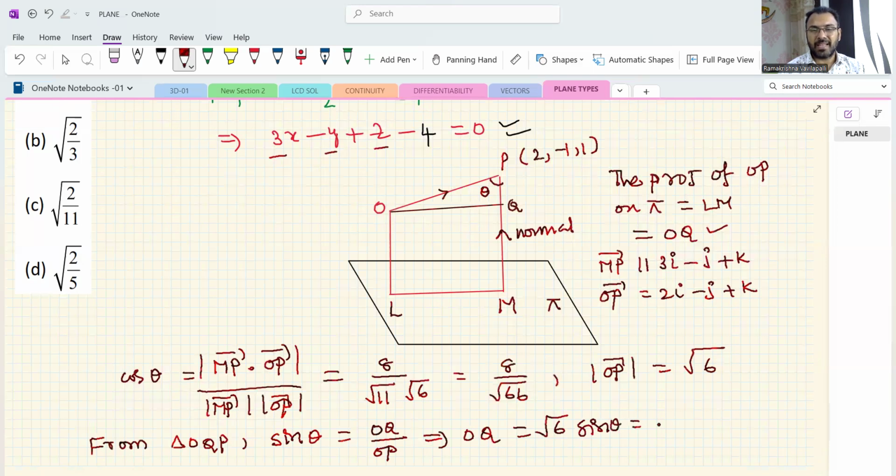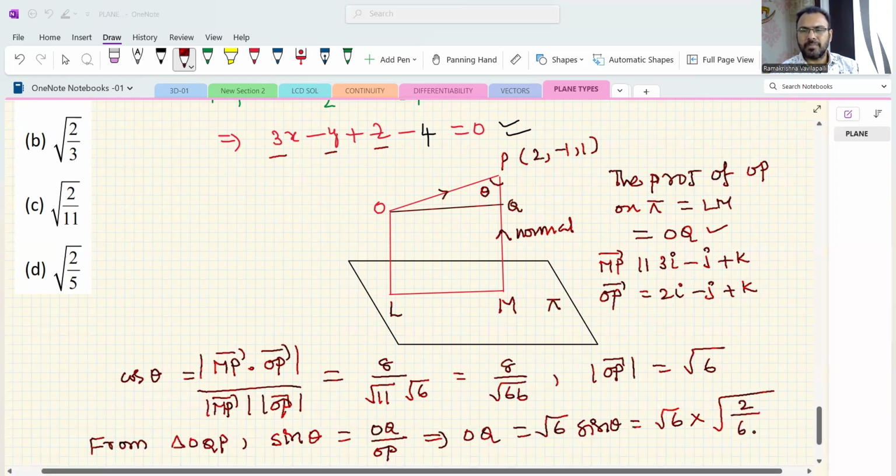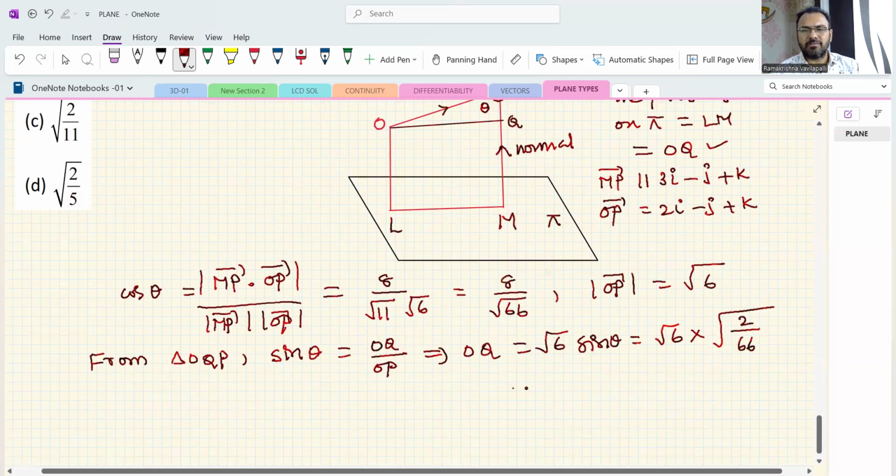Sine theta is nothing but root over 1 minus cos square theta. So you will get that this is 66 minus 64, that is 2 by 66. Got it? Right. So this is equal to root over 2 by 11.